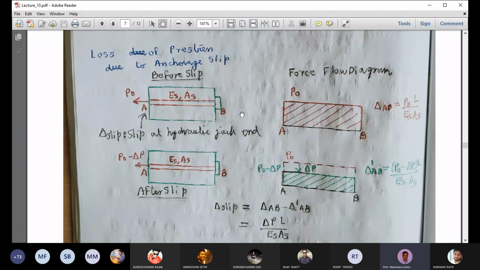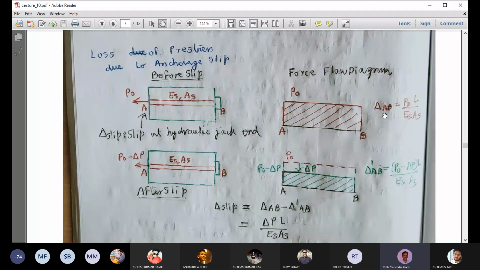So the force flow diagram for this cable will be like this. We have the length of the cable AB. At any point, the pre-stress will be P naught, so you'll have a horizontal line. The axial force along the cable is P naught. Now we can find the elongation in the cable.